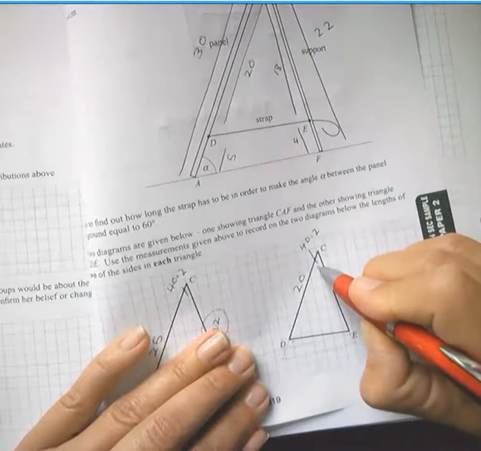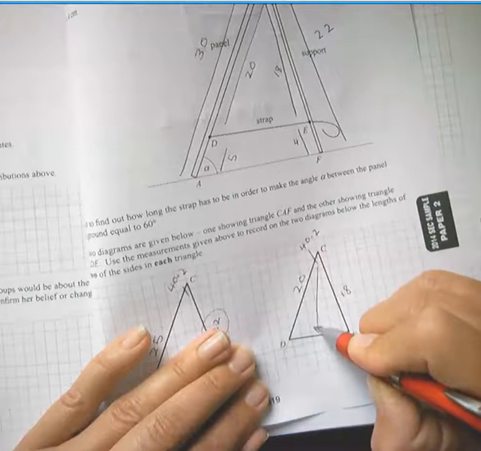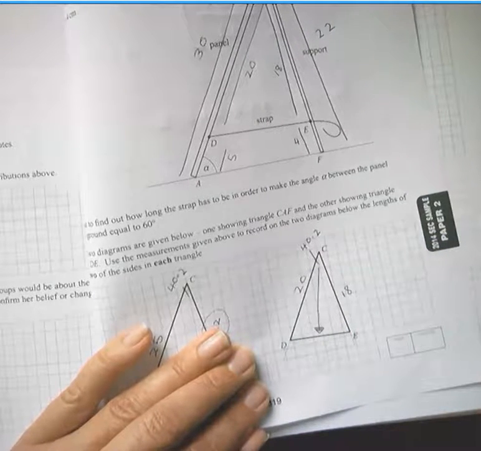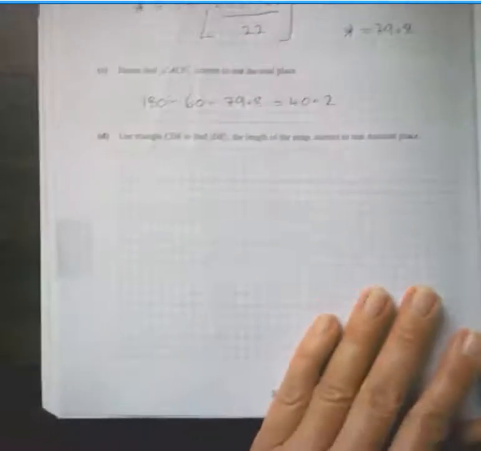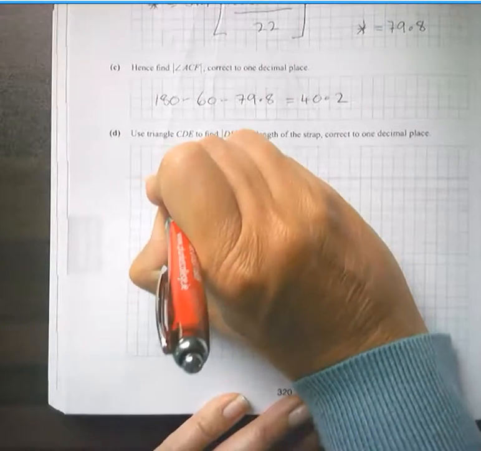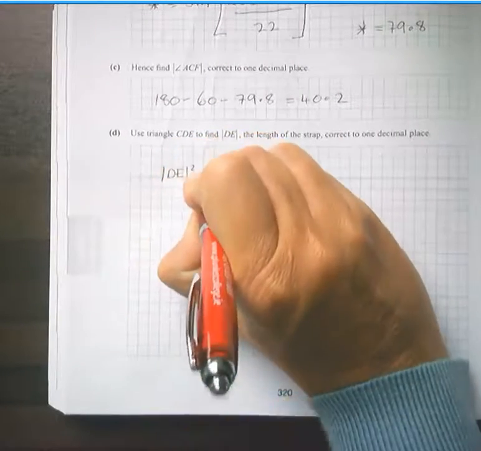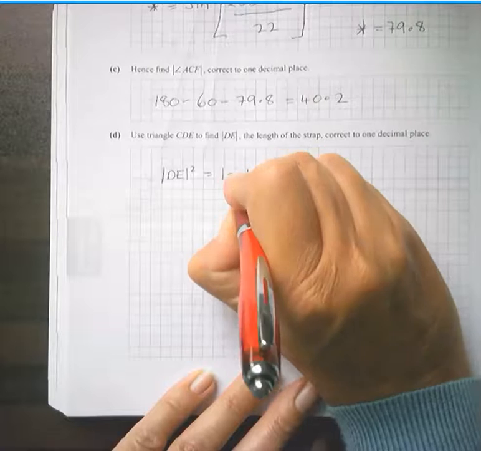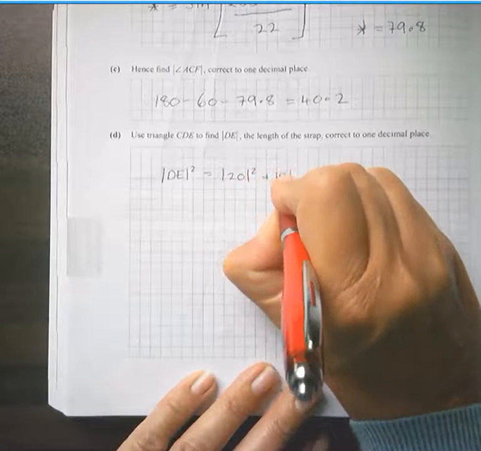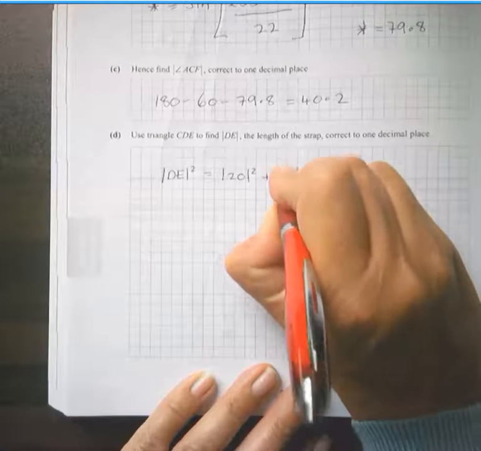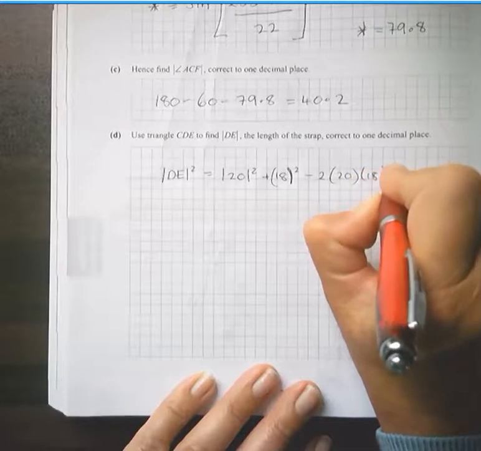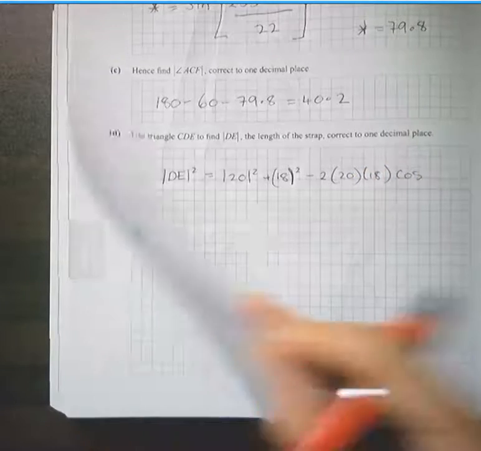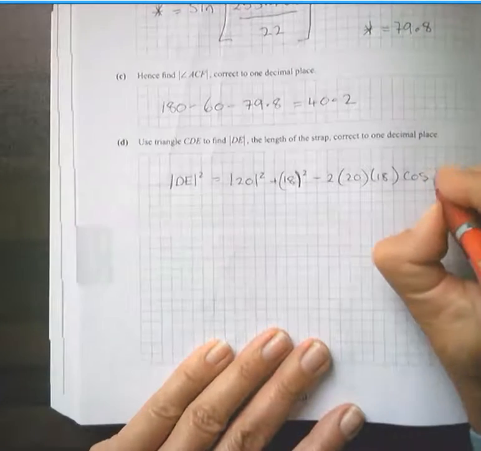In terms of the cosine rule, this is our angle, so this is the opposite angle, so that will be going in the space of the A. So we go DE squared is equal to 20 squared and 18 squared, minus 2 times 20 times 18, cos of the angle, which is 40.2.